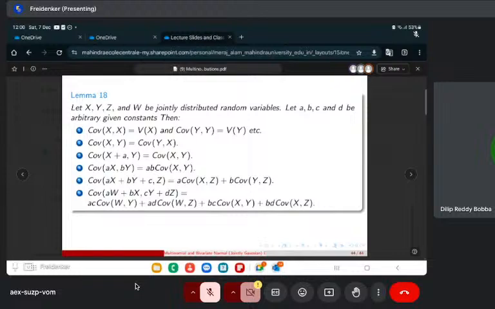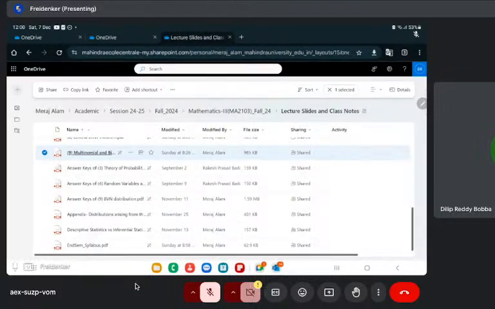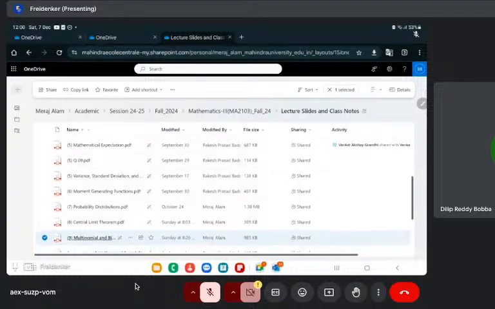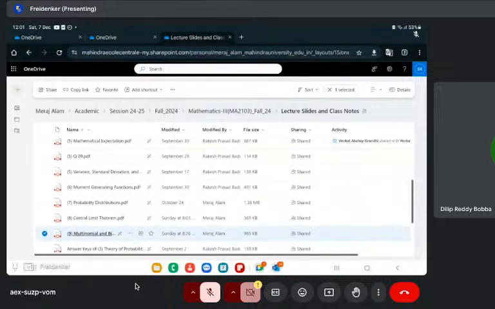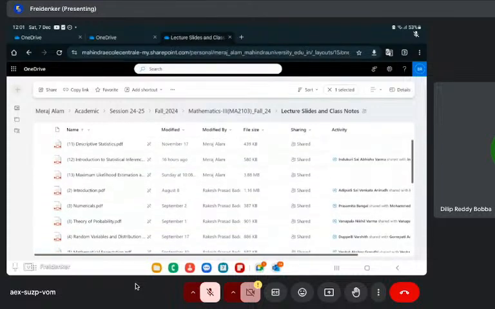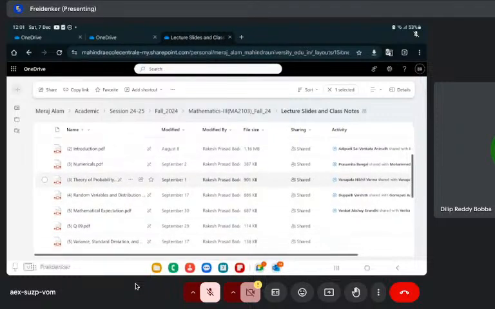So what is in unit 2? It's just the basics. Okay, let's see what is in unit 2. Vector random variables, joint, marginal. Let me just see. Where does it even start?